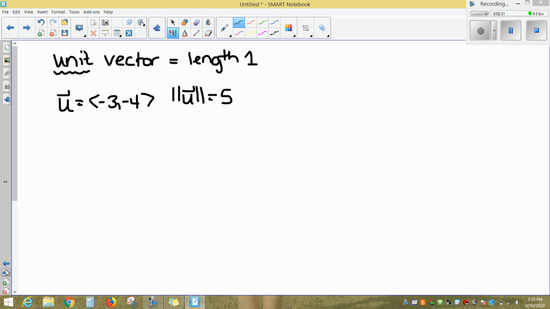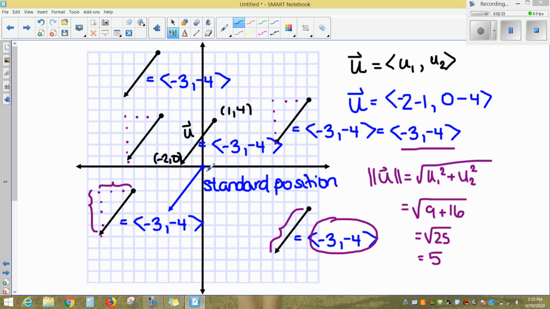So maybe I want to point in the same direction. I want a vector that points in the same direction, but I only want it to be 1 unit long. So I need it to only be 1 unit long and point in the exact same direction. I don't know that I got that exactly 1 unit long, but hopefully I'm sort of close.